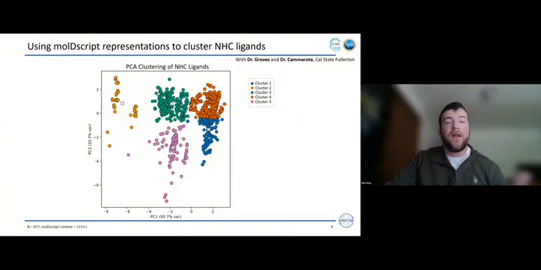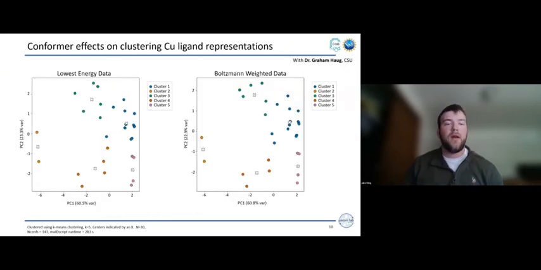Knowing that we can do this PCA clustering based on these representations, I also wanted to look at an example of what conformer effects might have on this.